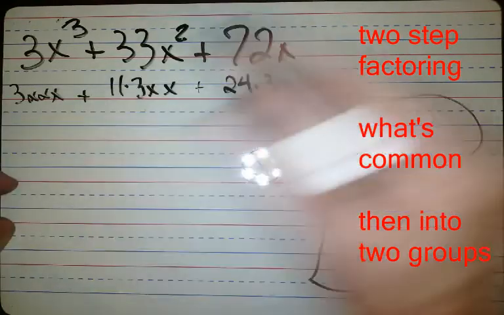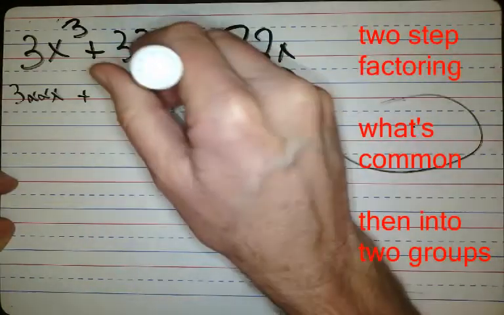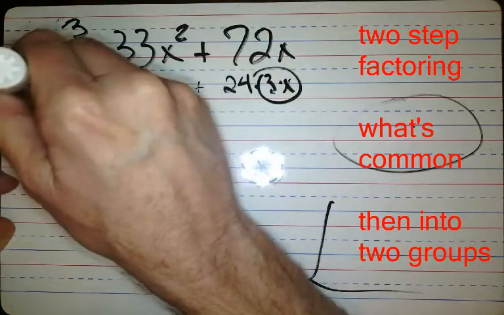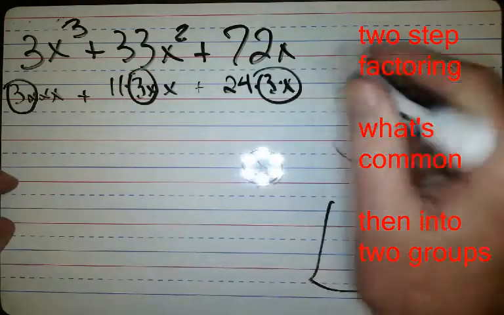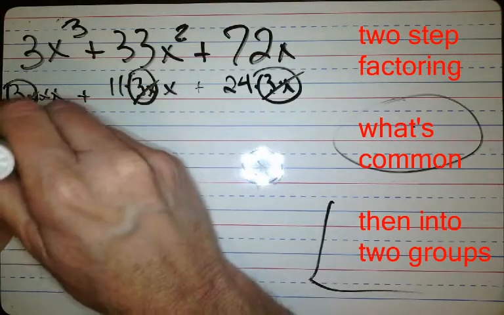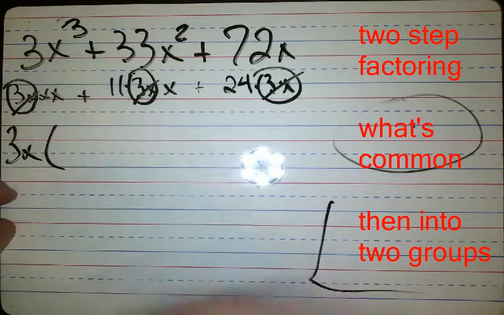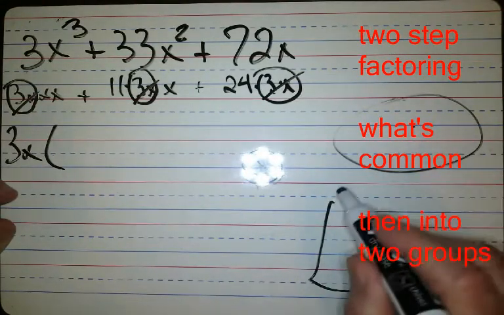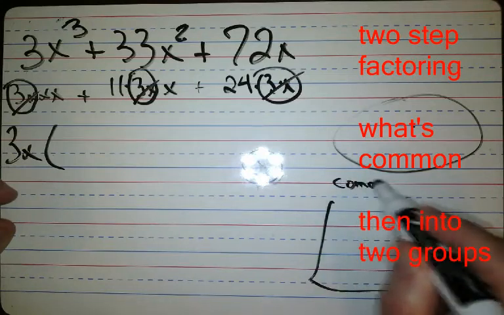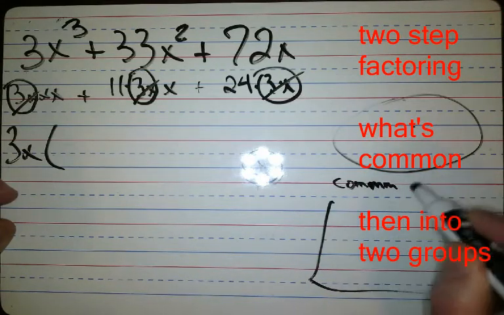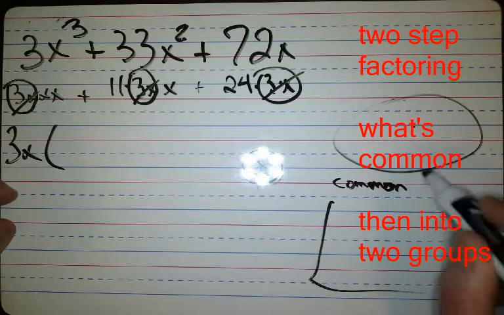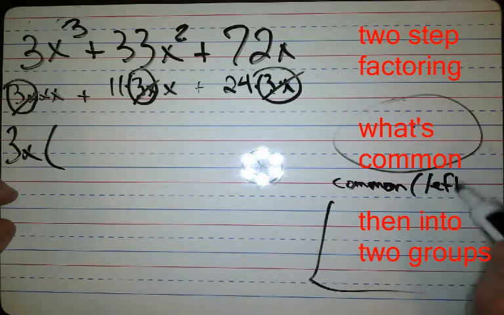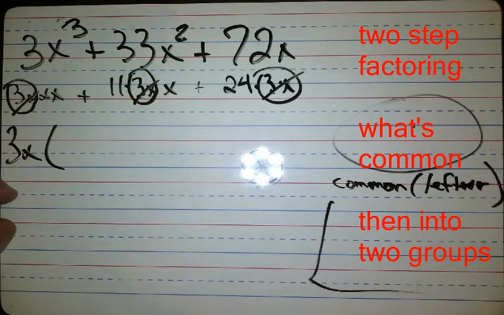So I can see that there's a 3x in every single place. That means 3x is common. I can take out what's common. That's what I do, right? When you do what's common, the common thing has to go out in front. And then the leftovers have to go inside the parentheses.